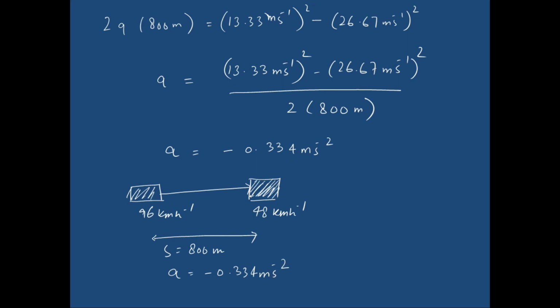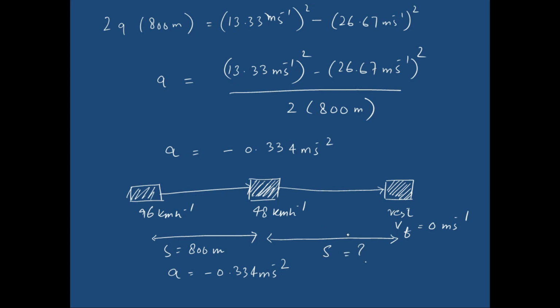The velocity of the train kept decreasing, and finally the train reaches the rest position when the velocity is 0 meters per second. For this part we have to calculate the distance that the train traveled before stopping, S.